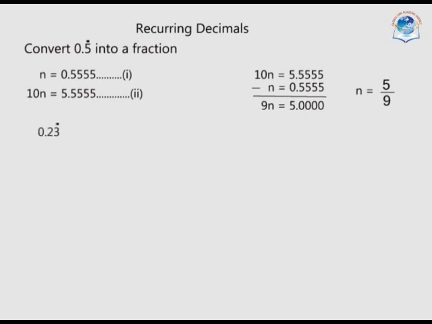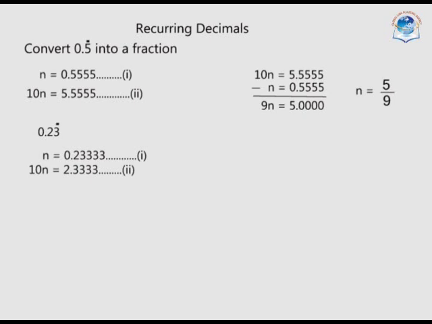Let's try 0.23 with 3 recurring. We start, n is equal to 0.233. 10n is equal to 2.333. At this point, you notice that the decimal parts of the two equations are not the same, and so we cannot subtract them.